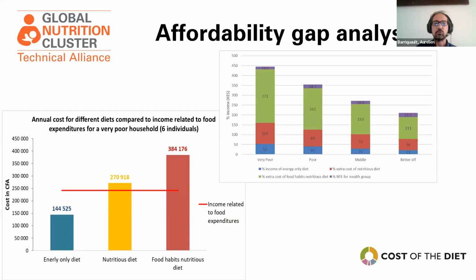You will see it for the very poor, the middle, and the better off households. When we include all the different costs, the energy-only diet is the blue histogram. In red is the extra percentage of the cost of the nutritious diet.